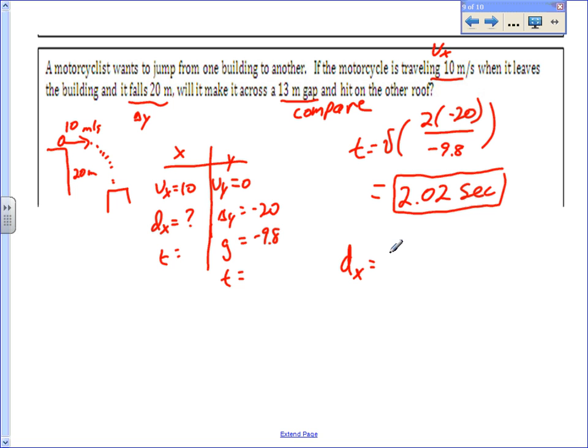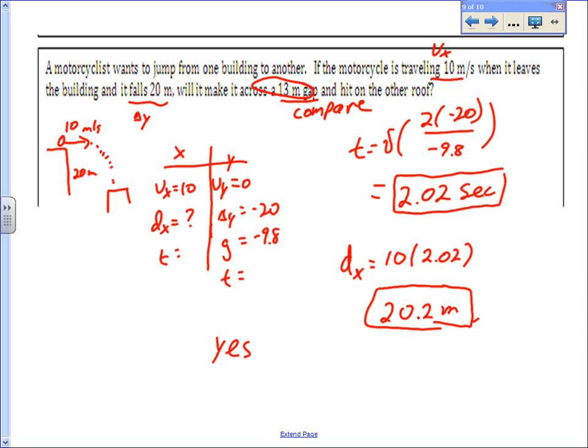So it starts out at 10 meters per second, times 2.02 seconds, and that will give us a distance of 20.2 meters. And is that big enough to cover the gap? 13-meter gap, so yes, he makes it.